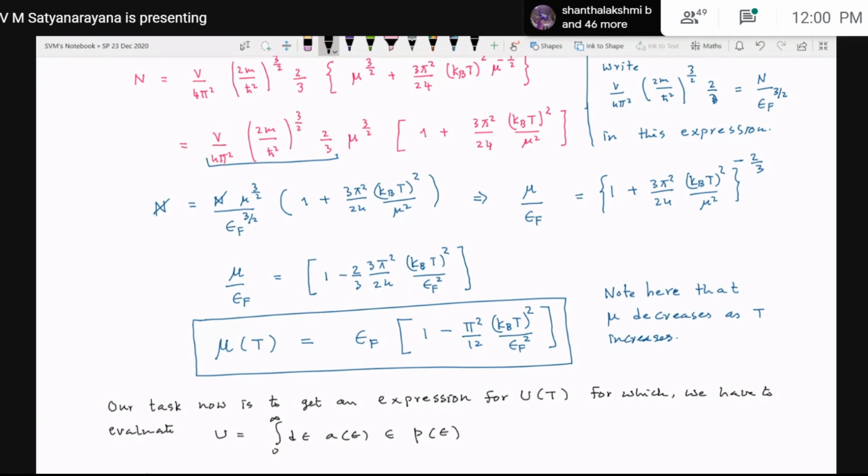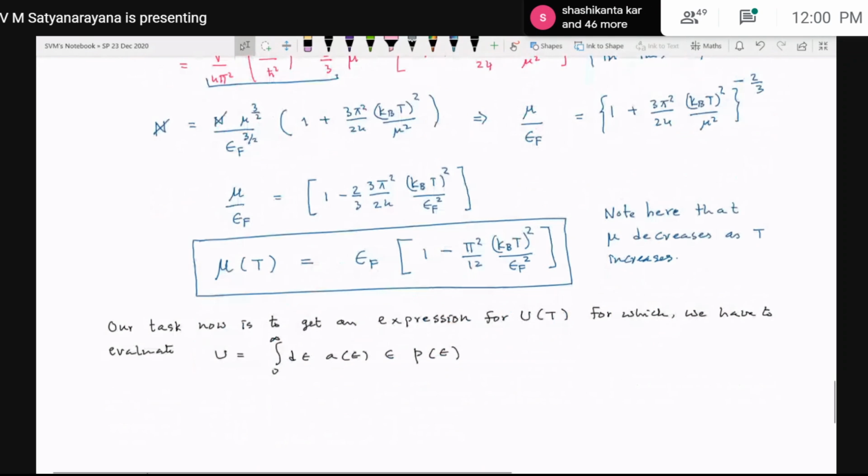Now everything else is the same, except that in the integral above we have u is equal to V by 4 pi square (2m by h bar square) to the power 3 by 2 into the integral 0 to infinity. There is a root epsilon here and epsilon here, so I have epsilon to the power 3 by 2 into p of epsilon.